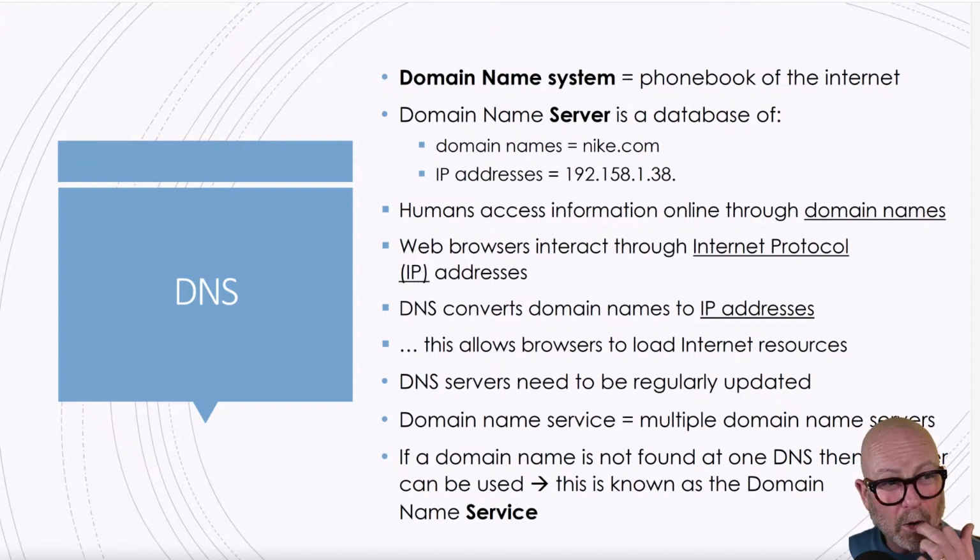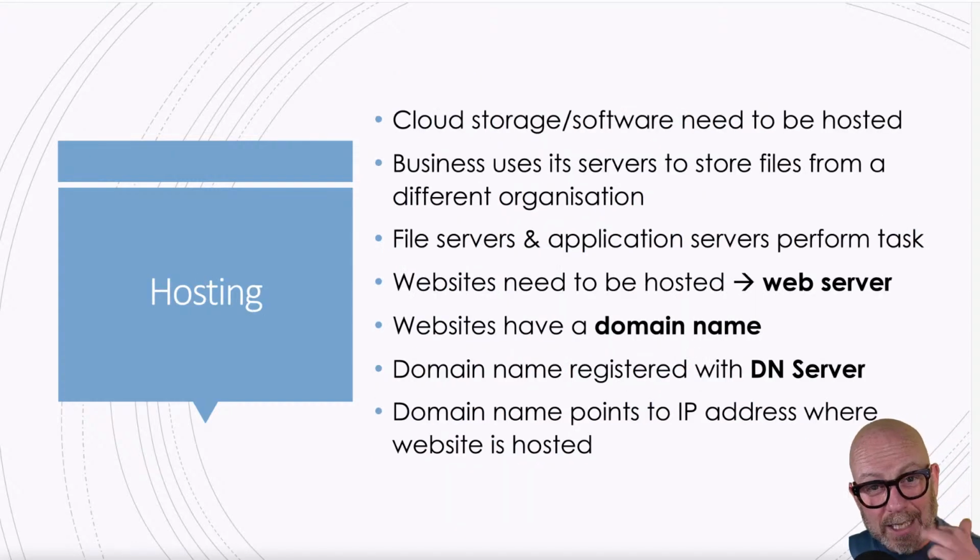In your mock, they did a gap fill on that, so they won't necessarily do a gap fill again. But this is a very good way of establishing whether a student is a grade 7, grade 8, or grade 9 student, because the concepts there are quite tricky. So it's really worth being super clear on what a URL is, what an IP address is, what DNS is, and how that story actually unfolds, okay?